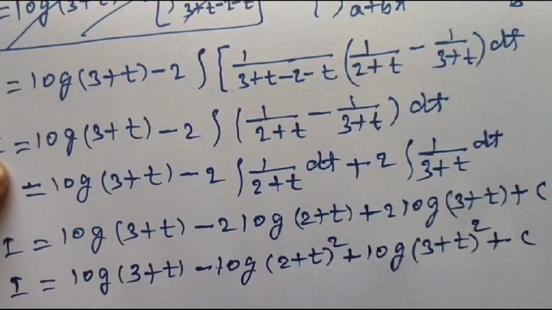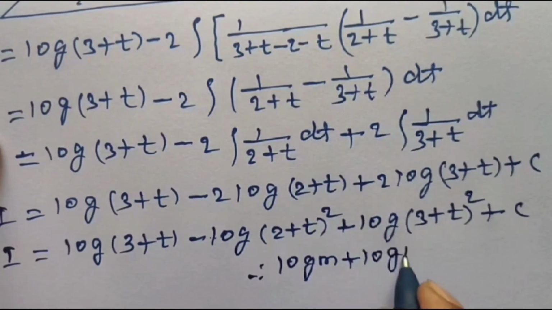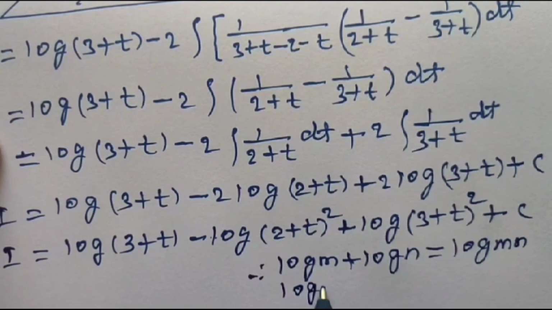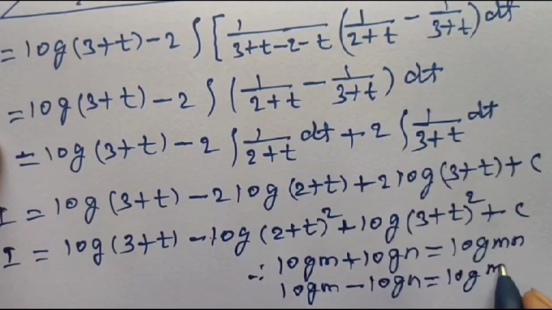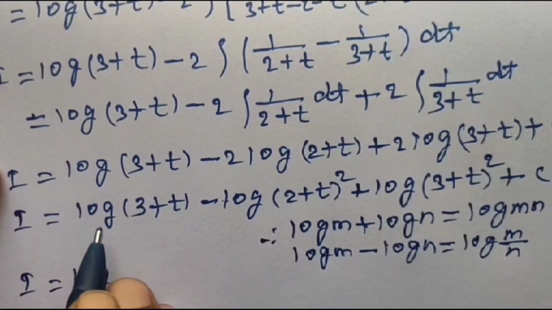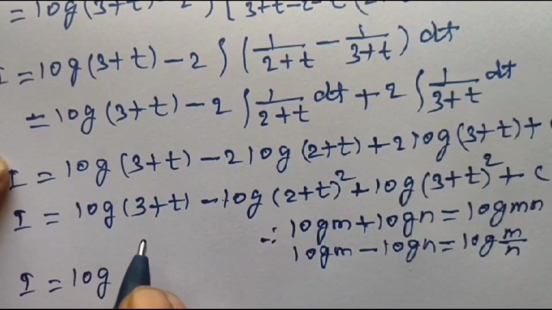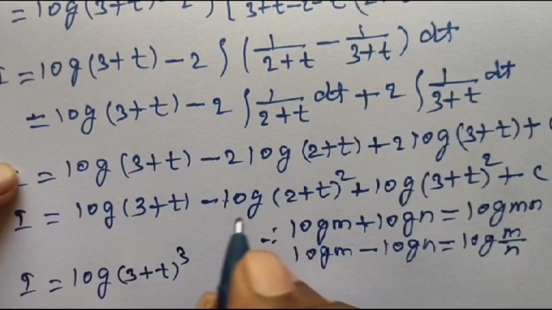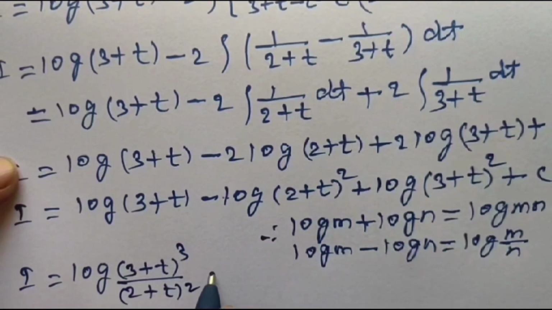And now you know the property of logarithm: logarithm of m plus logarithm of n is equal to logarithm of m into n, and logarithm of m minus logarithm of n is equal to logarithm of m upon n. So this can be written as I is equal to logarithm of, this is plus and this is also plus, so (3 plus t) into (3 plus t) squared becomes (3 plus t) cube, divided by (2 plus t) squared, plus integral constant c.